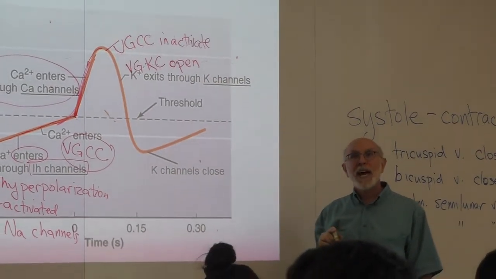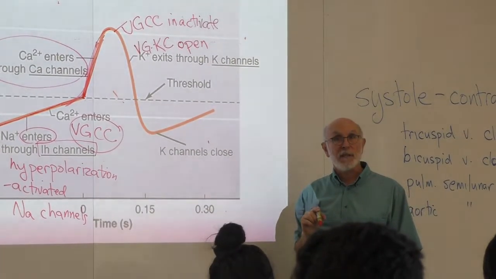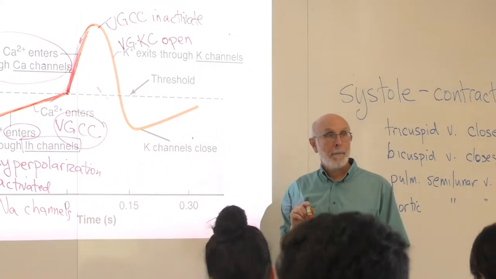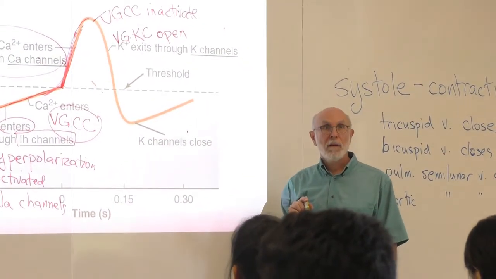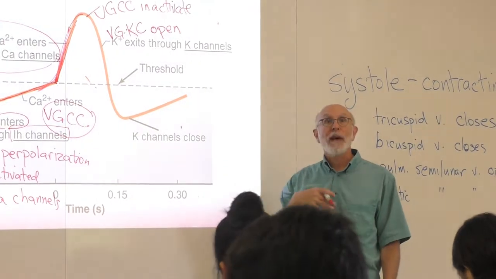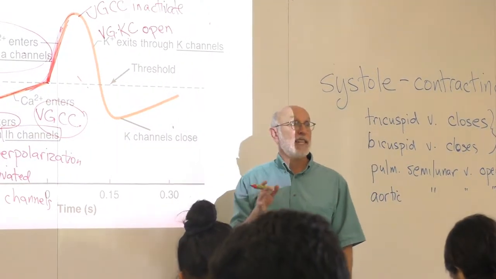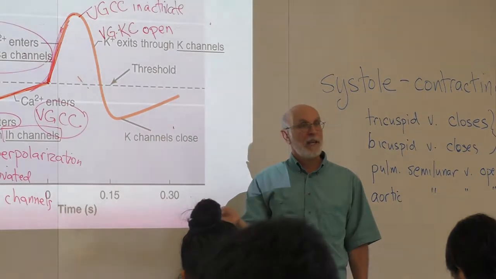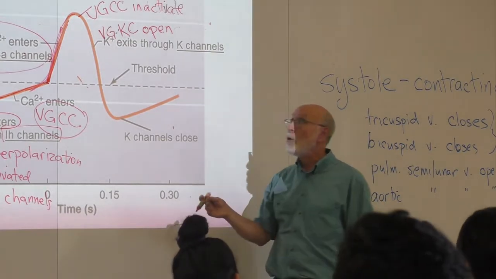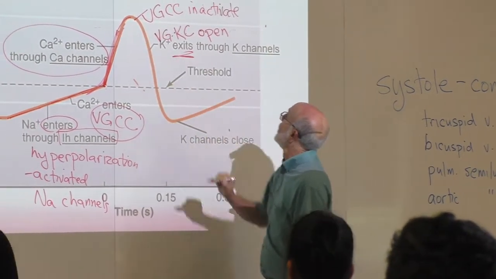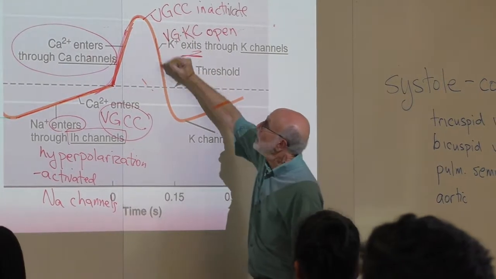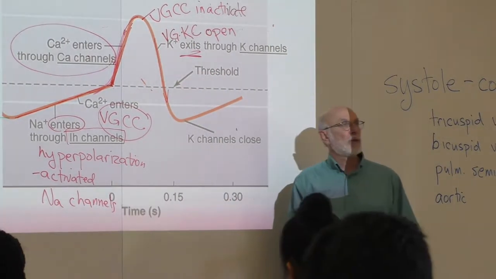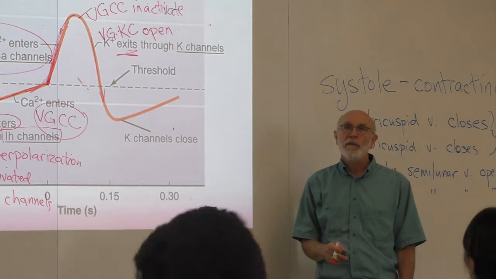Which way is potassium flowing through voltage-gated K channels? Out. Potassium is flowing out because the potassium concentration inside the cell is higher than outside. Potassium flows out, which is causing a repolarization. So the repolarization is just like you learned about in the nerve.